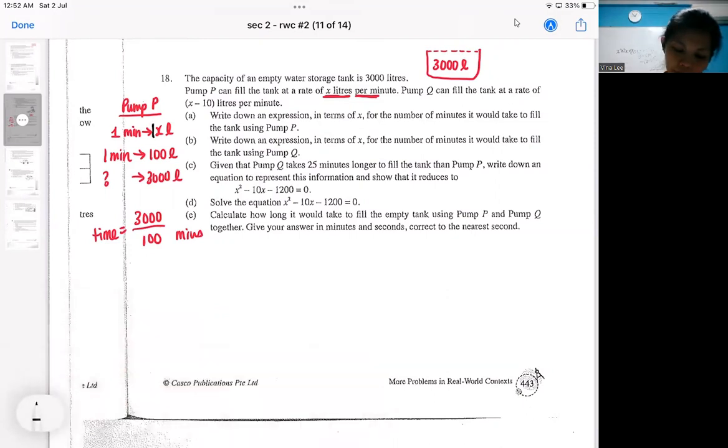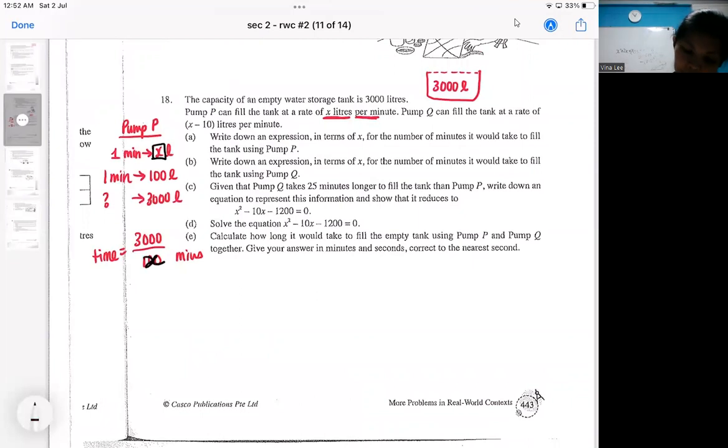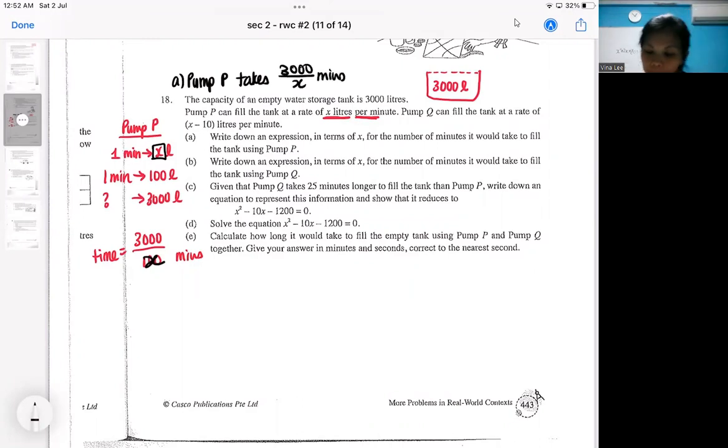So instead of 100, it is supposed to be X. So for this question, part A, pump P takes 3,000 over X minutes to fill the tank.